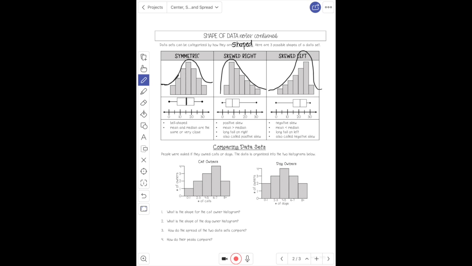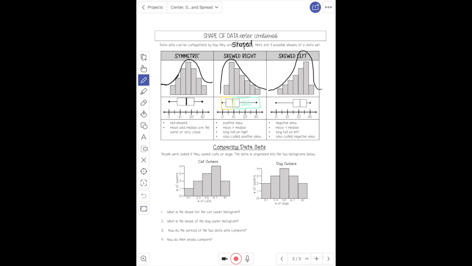Okay? Now, it can be a little bit tricky to determine skewed right or skewed left sometimes with histograms. So the way that I look at it is I think about my upper section and my lower section of my histogram, and I think about how spread out each one is. Now remember, in a histogram, each section is worth 25%.